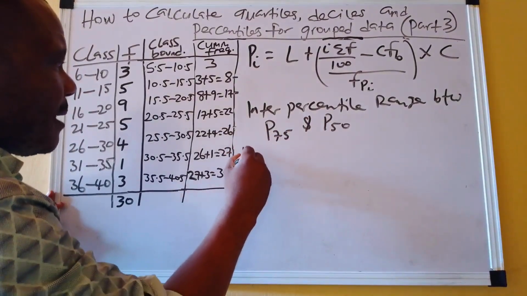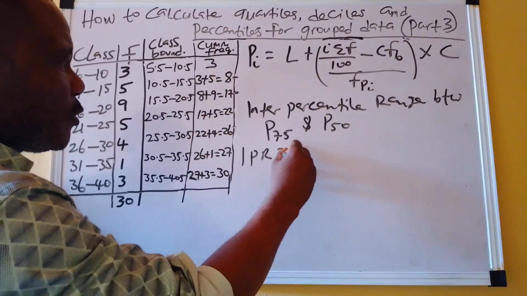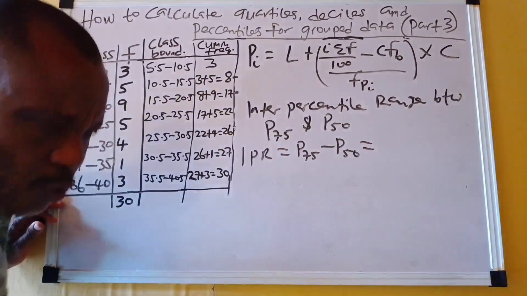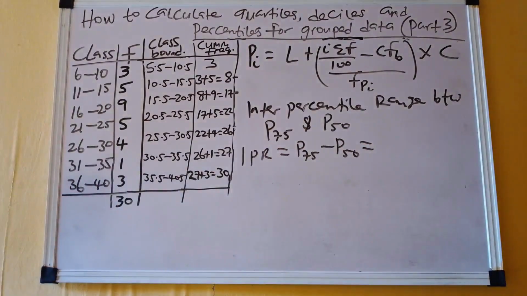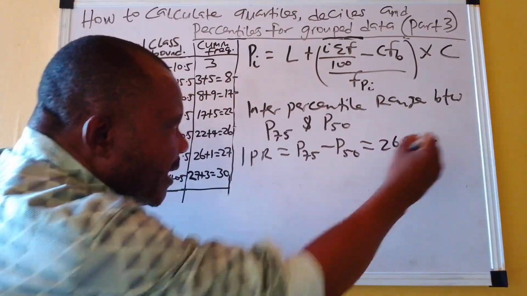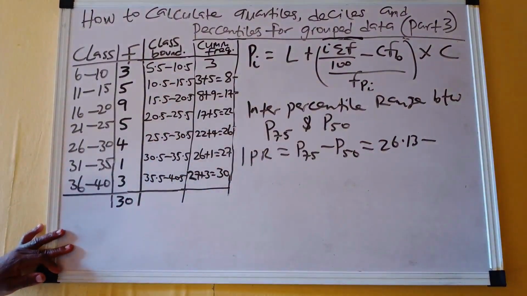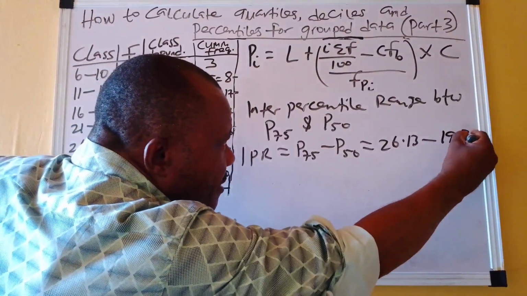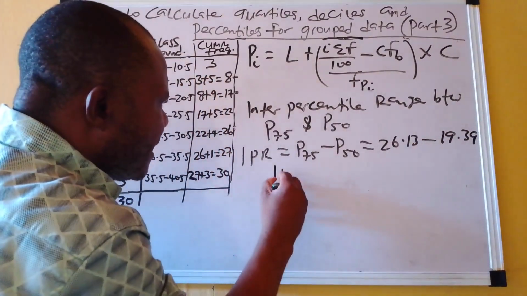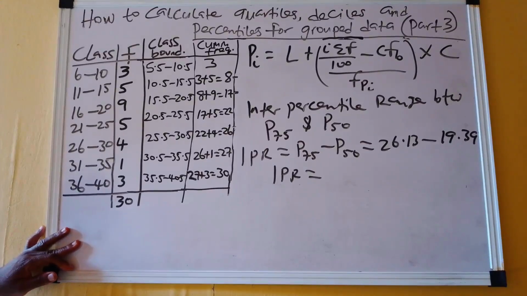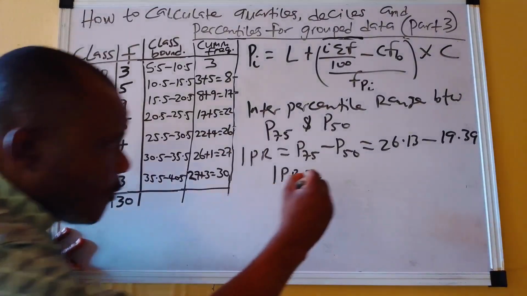So our interpercentile range is equal to P75 minus P50, and that is equal to 26.13 minus our P50. Our P50 is 19.39. So our interpercentile range for these two is 6.74.